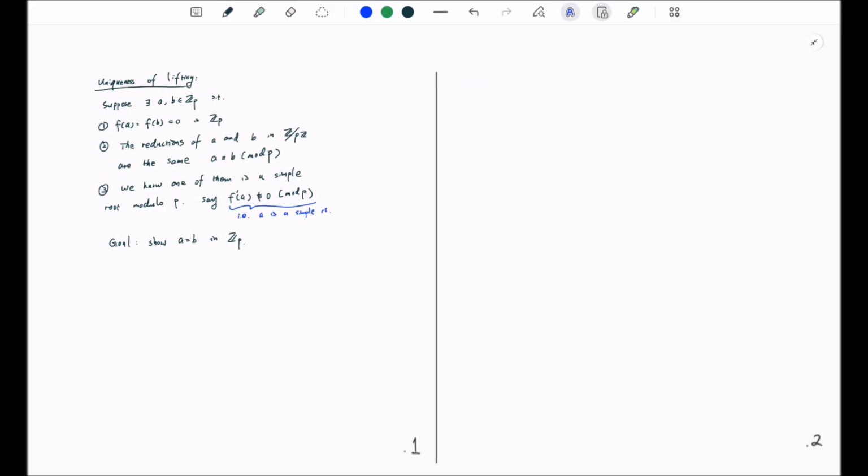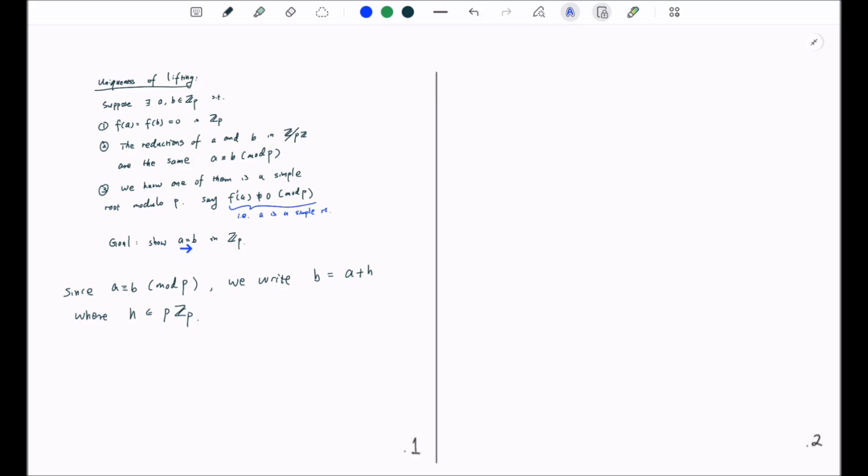To see this, since a is congruent to b modulo p, we can write b equal to a plus h, where h lives in p times Zp, namely p divides h.